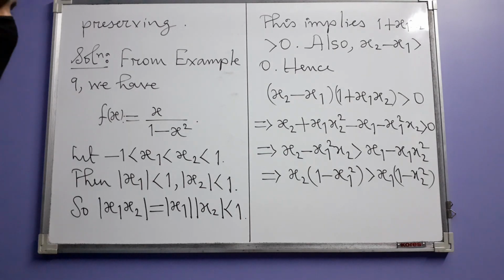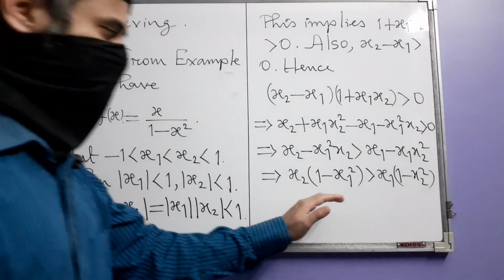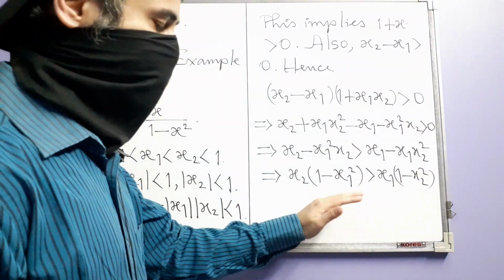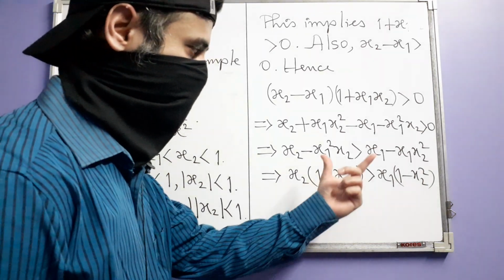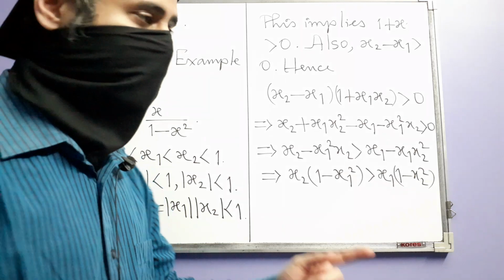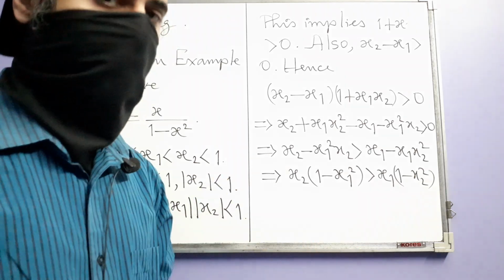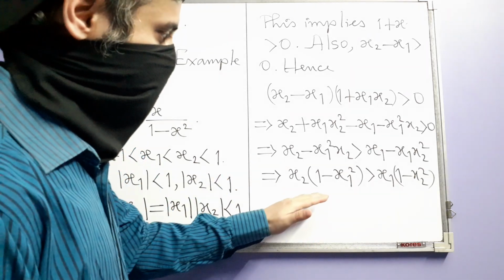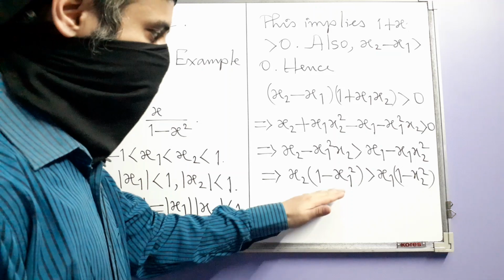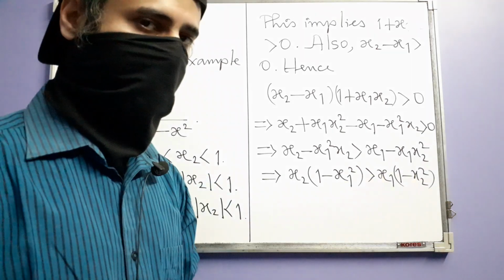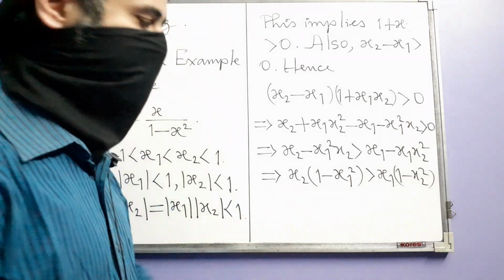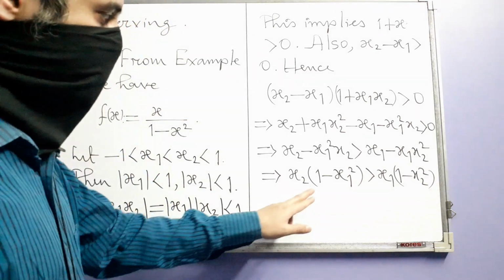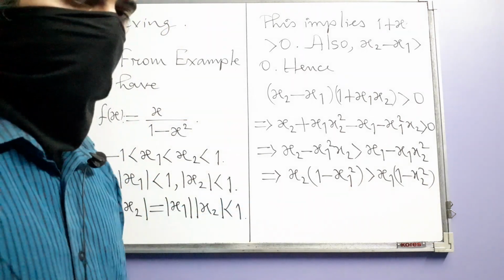Now we are almost there. We now just have to divide both sides by 1 minus x1 squared times 1 minus x2 squared. But the question is, can we do that? First of all, division will be possible provided that these real numbers are not equal to 0. Is it possible for 1 minus x1 square to be equal to 0?